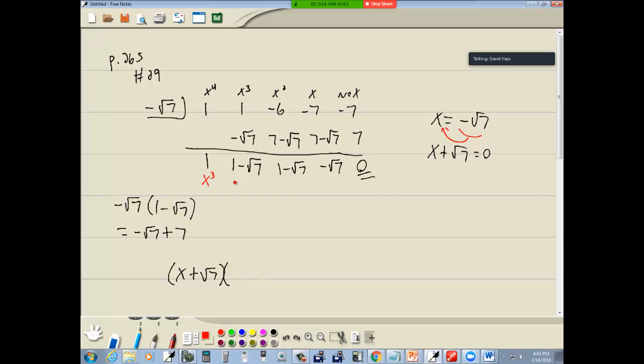So this is x to the third, this will be our x squared, x, and no x. So this will be x to the third plus 1 minus square root of 7 x squared plus 1 minus square root of 7 x minus square root of 7. And that's how it'd be factored. Okay.